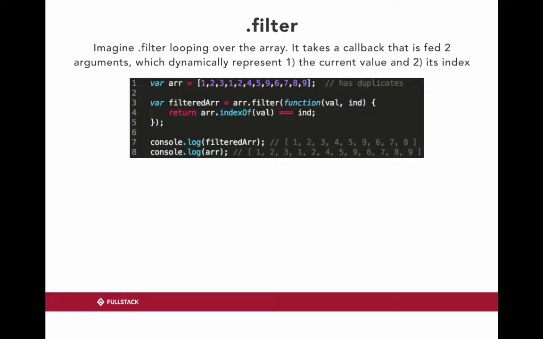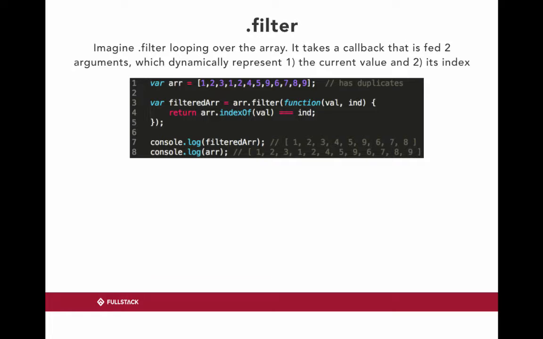The way that .filter works is you can imagine it looping through the array that you called it on. It has a built-in loop, and every time the loop shifts to the next step, val is the current value in the array, so what would be array at i if we were doing a for loop. And in is the index, i.